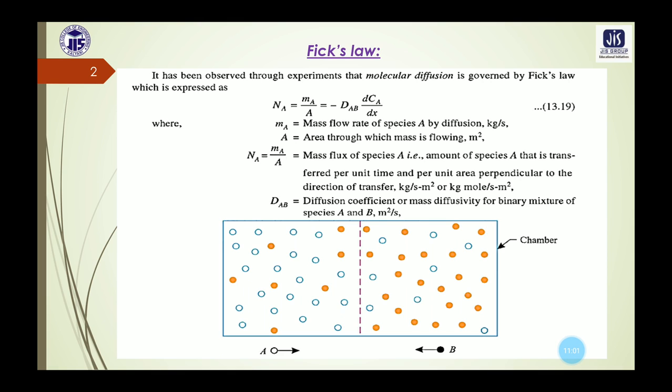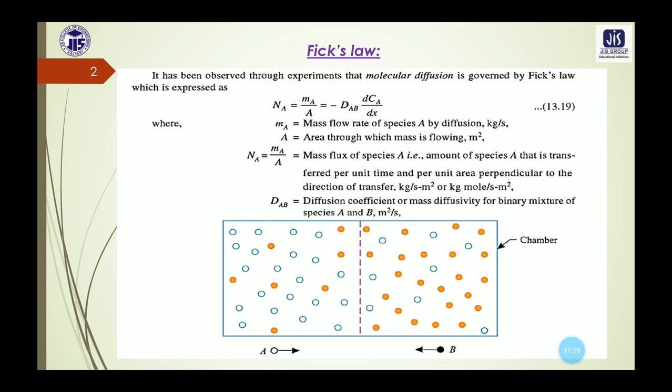After that sufficiently long period, when the equilibrium condition prevails, the concentration is uniform within this chamber, and then the mass diffusion ceases. So this is the concept of mass diffusion within this chamber.